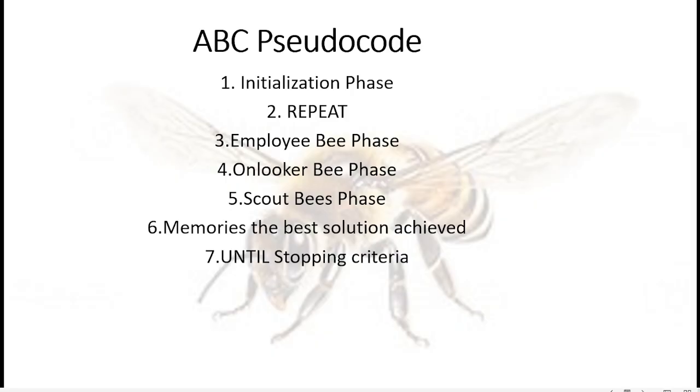And the next step is the memory-based solution. The algorithm always stores the best solution found so far. The last step is until the stopping criteria. The process continues until a condition is met, like maximum iterations or no further improvement.